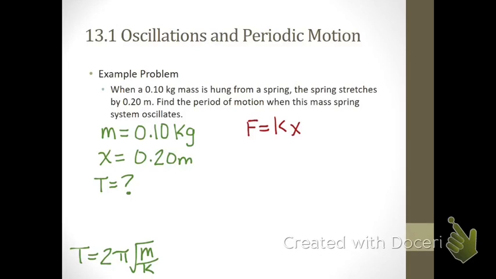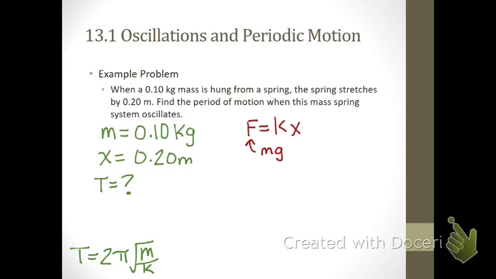In this particular instance, we are going to look at what is the force. Well, the force is the weight of the mass itself. So this is going to be equal to mg in this particular case.